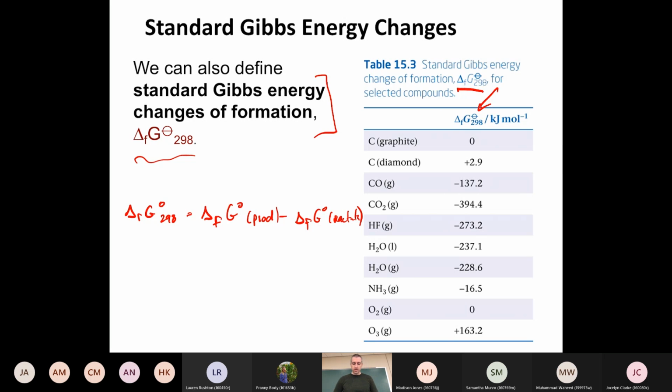Even though those are measured at 298, they're probably not going to be that different, 12 degrees warmer, where that's not true for these Gibbs energies. Don't use these Gibbs energies at any other temperature except for the temperature they're defined at. And I guess that's also true of the other ones if you want to be rigorously accurate, but they don't vary nearly as much.